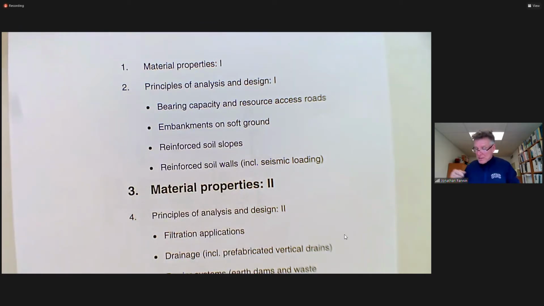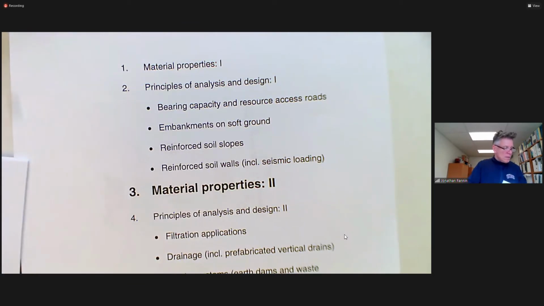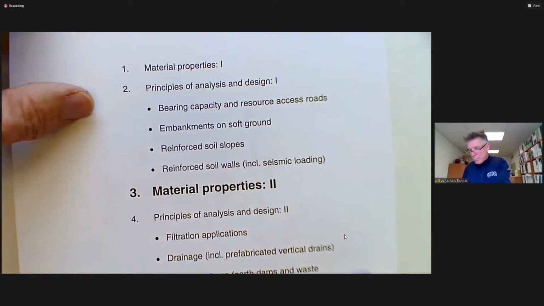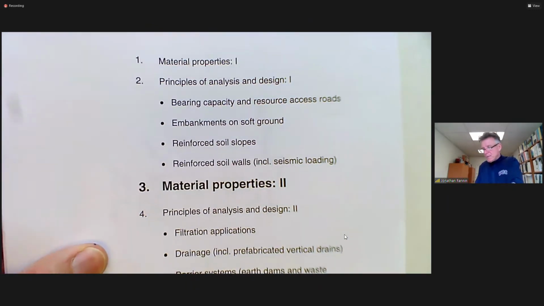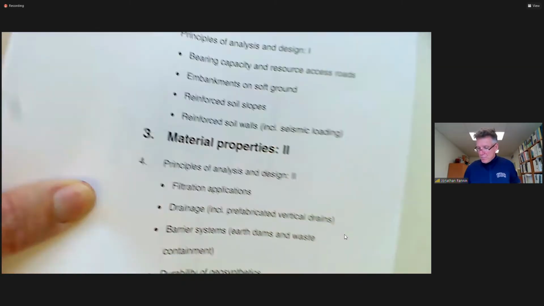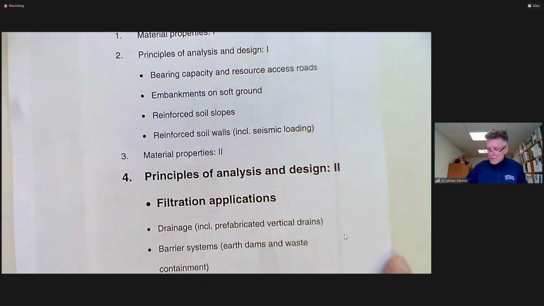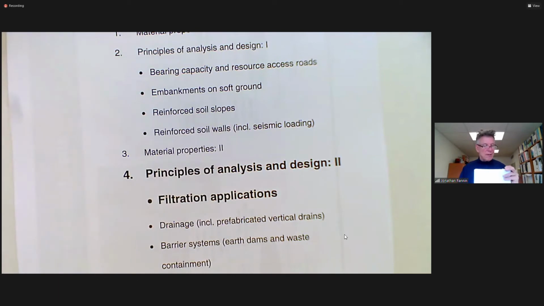I posted these notes, and I'm going to start with the very back end, if only because I think it's going to allow us to be nicely focused on where we want to get to, okay? So were I to take you, let me move these off and bring these principles of analysis and design for filter applications.